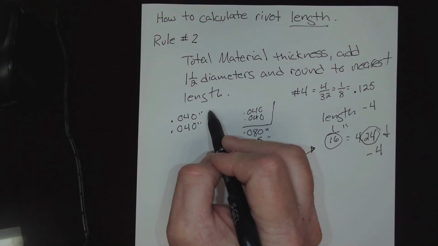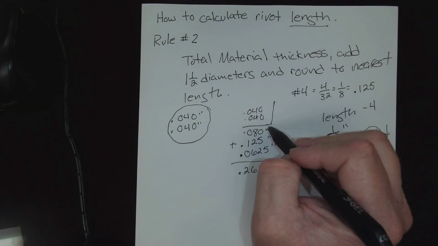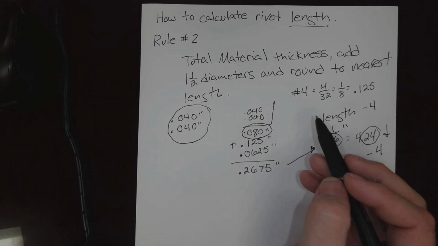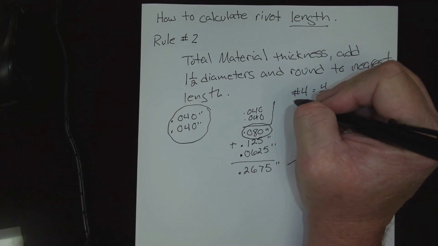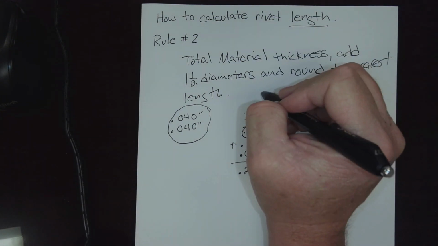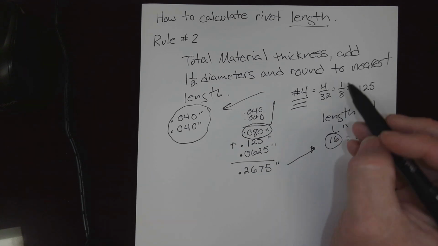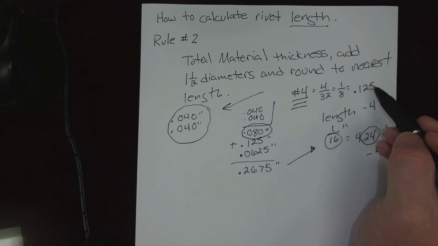Now let's take a minute and review what we've just done. We started with our total material stack up. We added it to end up with 80 thousandths total. We took our diameter from Rule 1 in finding diameters, and we had determined there a number 4 was the right diameter for that stack up. So a number 4, we could simply say 4/32, or you could divide them and come up to 125 thousandths.